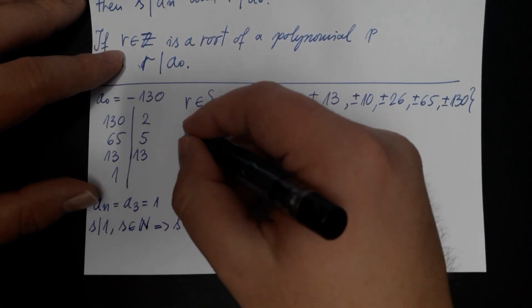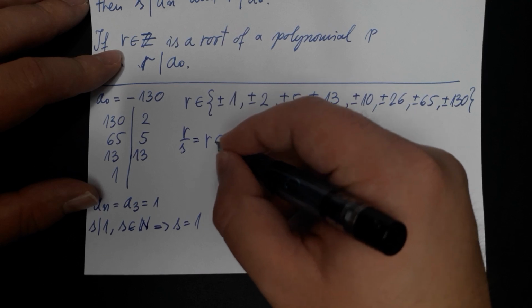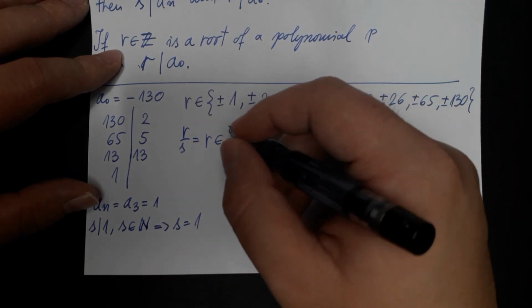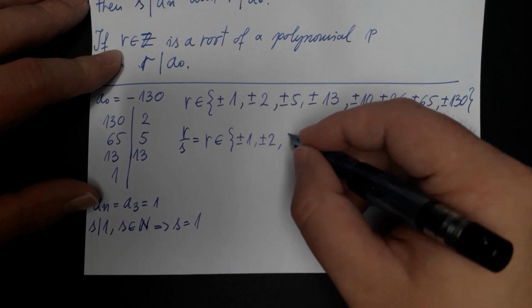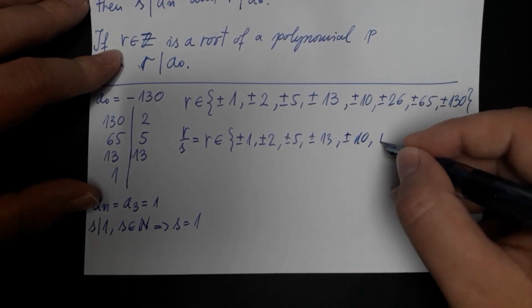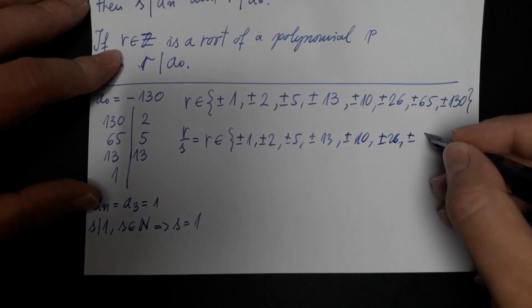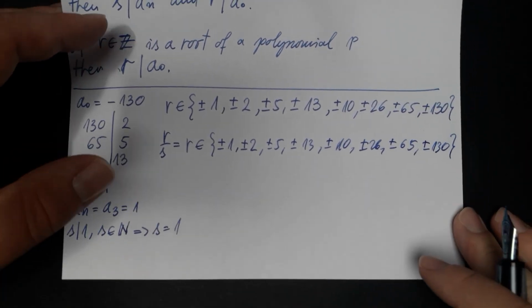And that basically means that r over s is equal to r over 1, which is r. And we already have that r belongs in a set of plus or minus 1, 2, 5, 13, 10, 26, 65, and 130.